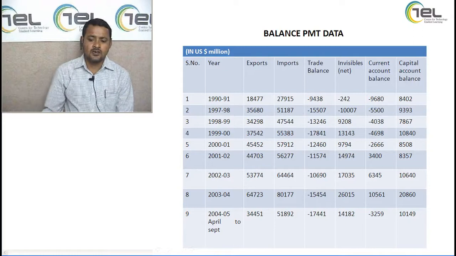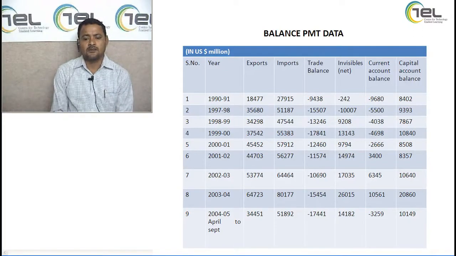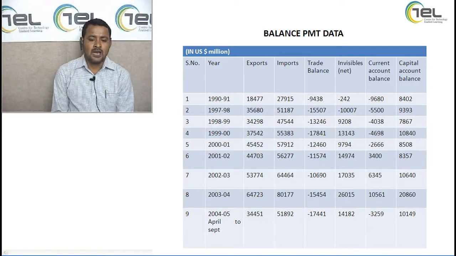You can see here the balance of payment data. We have taken the data from 1990-91 till 2004-5. In 1991, before globalization happened in India, the Indian economy was almost a closed economy.